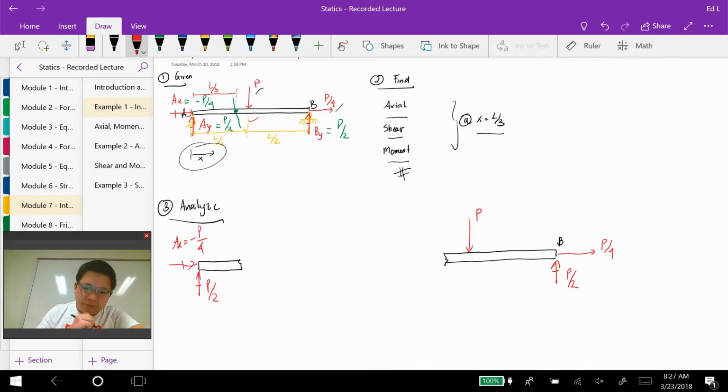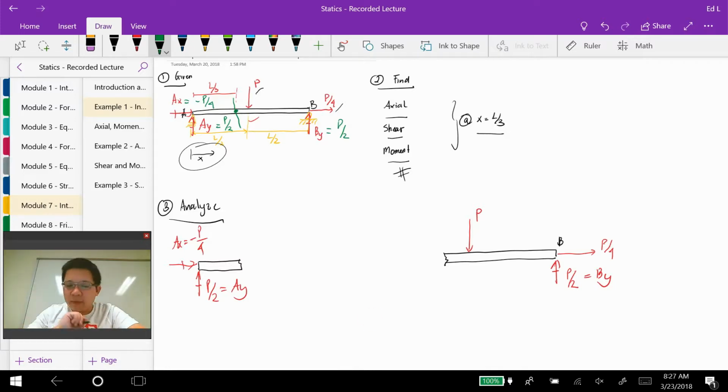This is AY, this is BY. We have included all of the applied forces and all of the reaction forces, so I think this free body diagram is complete now.